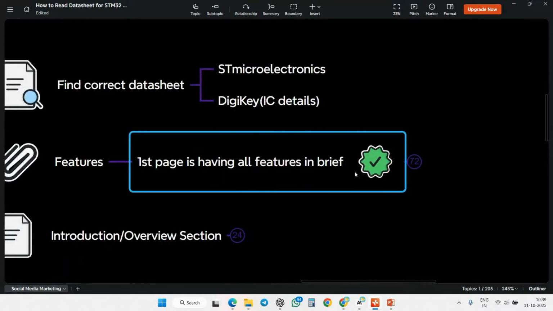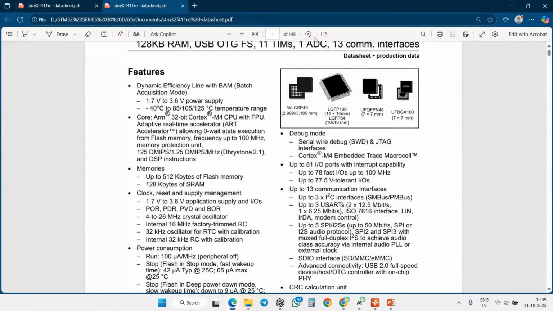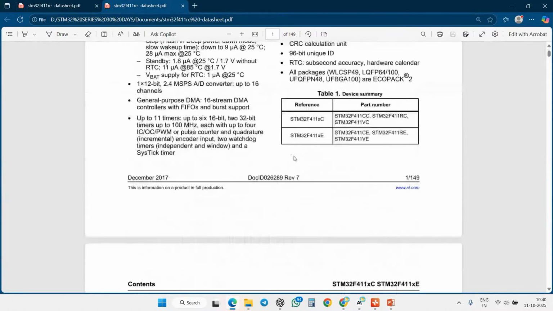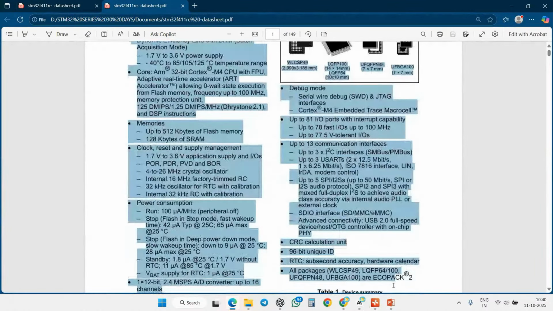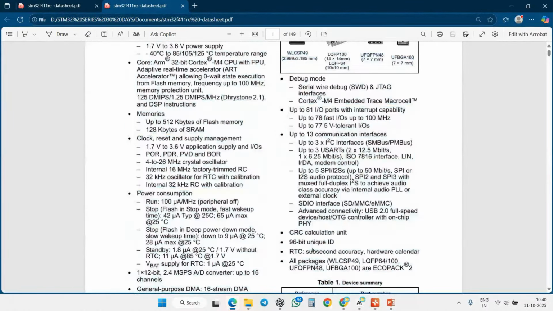You can see what details are present in your data sheet of about 149 pages. It tells you the complete details of what is actually present in the microcontroller in brief.